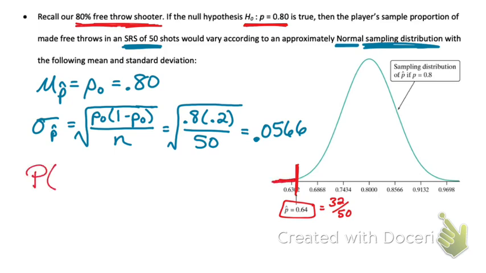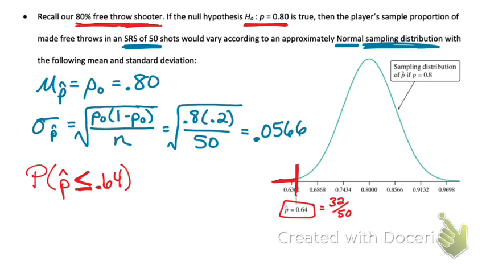The probability that we get a sample proportion that is less than or equal to 0.64. I can find that now. You know why I can find it? Because this is a normal distribution with a mean of 0.8 and a standard deviation of 0.0566. And I'm just trying to find the probability of being at 0.64 or less.